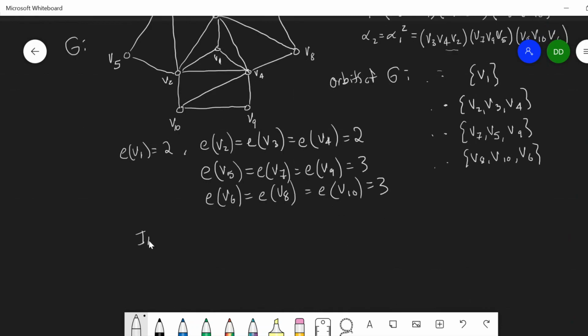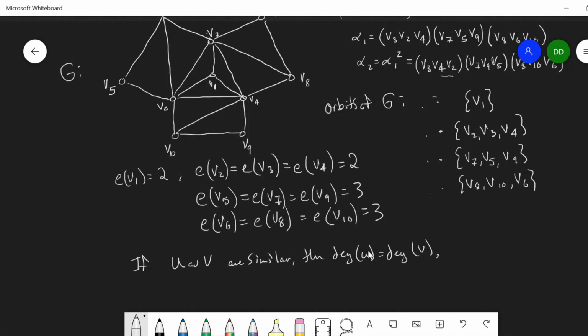If U and V are similar, then the degree of U is equal to the degree of V, because automorphisms have to preserve degree. So that's a nice thing to note.